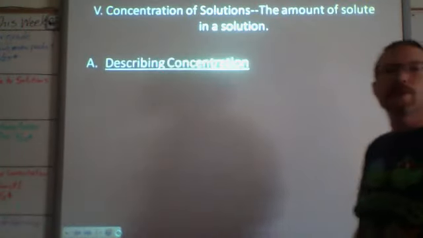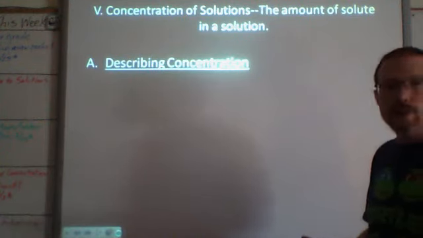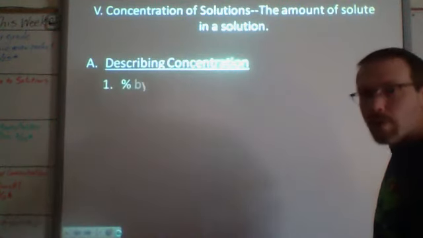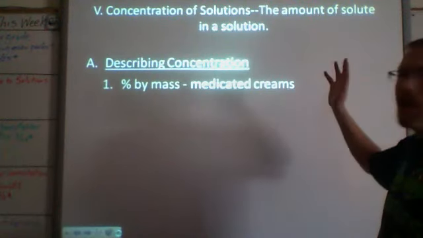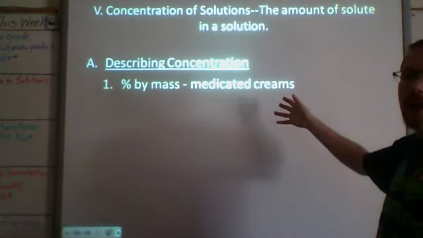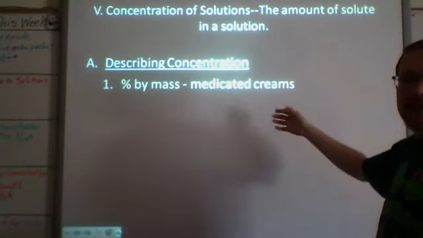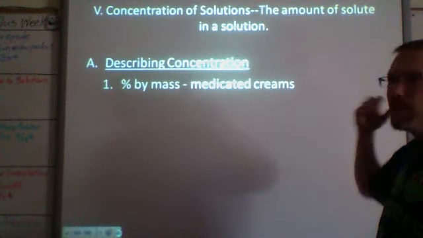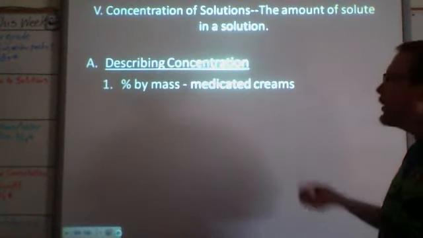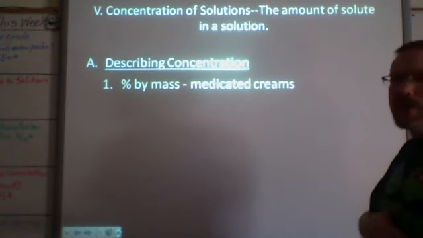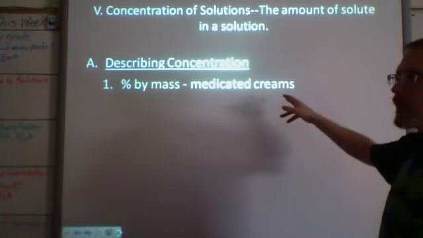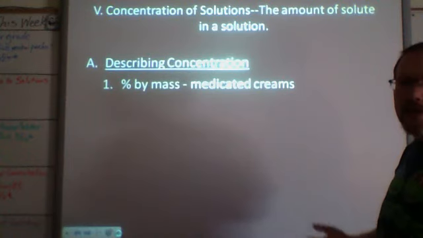There are different ways to describe concentration of solutions. One, you can just say percent by mass. You see this a lot in consumer products. They won't have a molar or a molal concentration. They'll say such and such percent alcohol or such and such percent pain reliever in this cream.